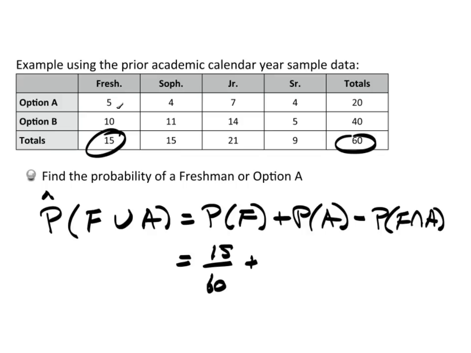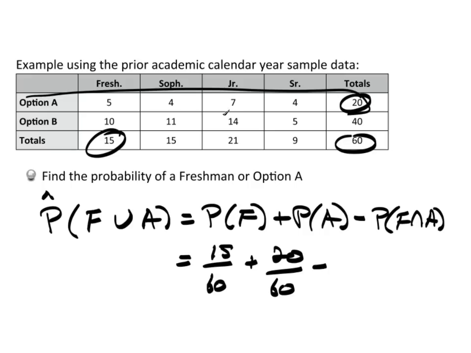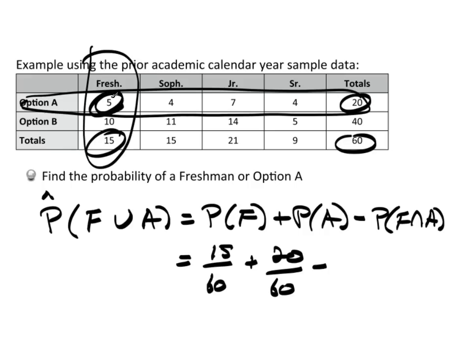Plus the probability of option A, that's 20 out of 60. And then I need to subtract off the probability of freshman and option A. Well, here's option A. Here's freshman. Right there's the and, that's 5 out of 60. And what I end up with is 15 plus 20 minus 5. That's 30 out of 60, or a half.